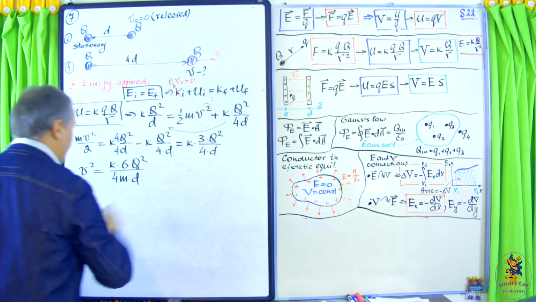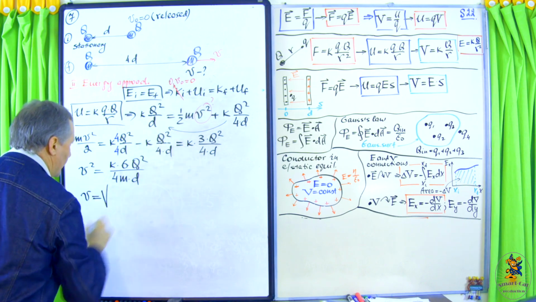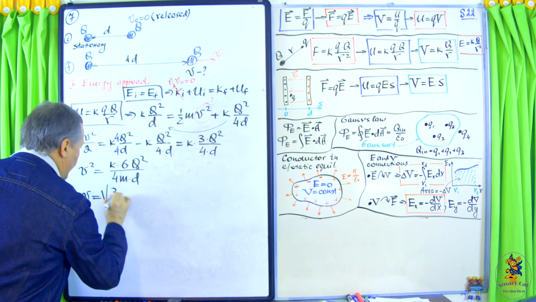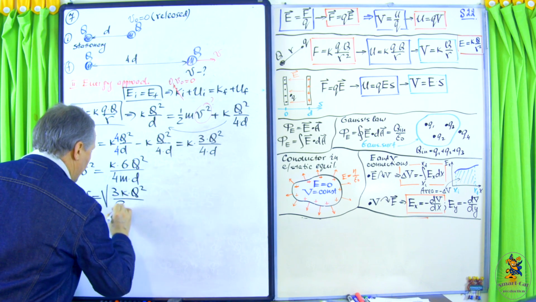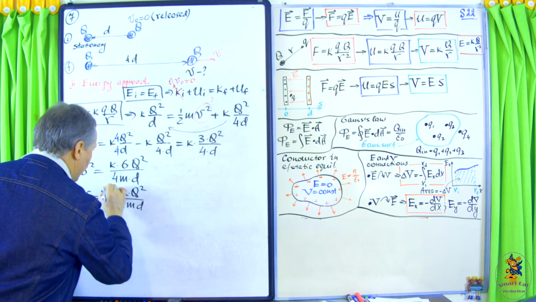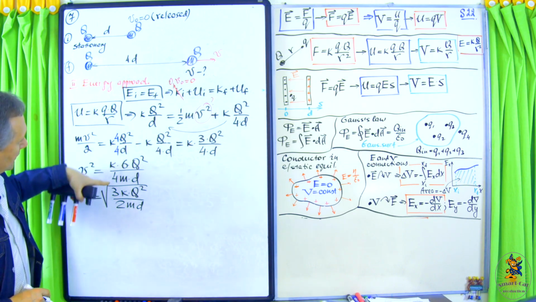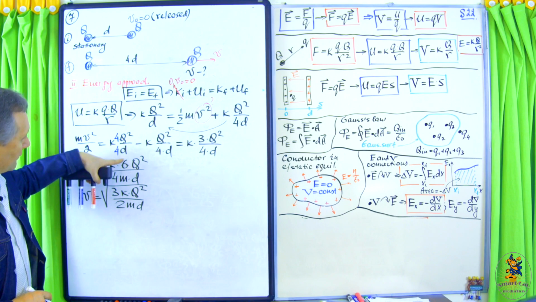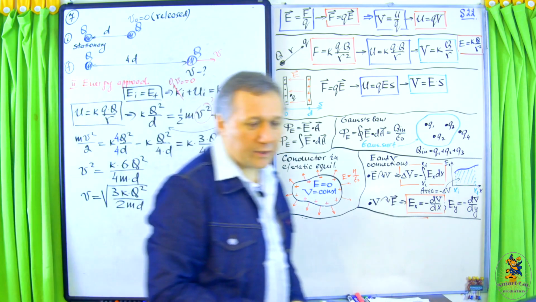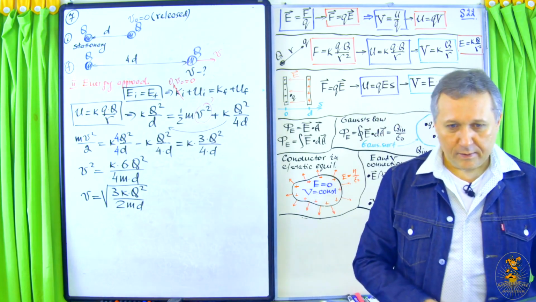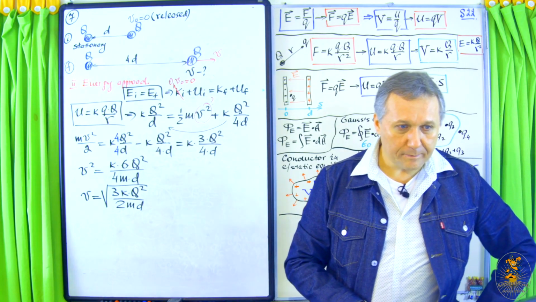Right? We can simplify it slightly. So v equals the square root of 3k q squared divided by 2md. You see, I just removed a factor of 2 here and a factor of 2 there. So we have 3 over 2. Right? And of course, I took a square root. Of course, you can take q squared outside, but at this point, it's not a significant simplification. So that's the answer.